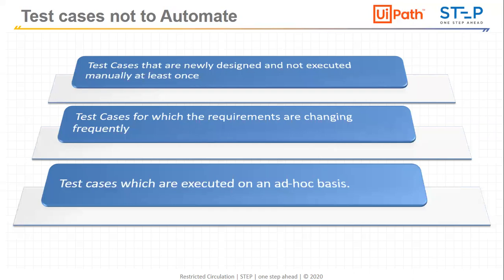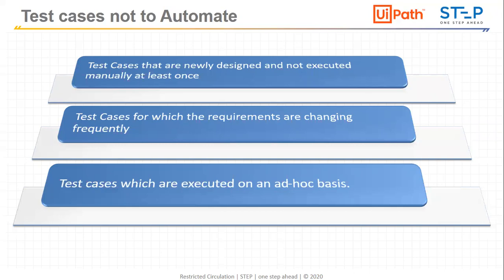Definitely when we are doing unit testing in TDD, test driven development, we check the units first, so there we are not doing manual testing first. But here I'm talking about regression testing, where unit testing is done and functional testing is done, and then we are going to automate the test cases. But if it is not manually done already, or not tested by a developer using unit testing, these types of test cases we cannot automate.